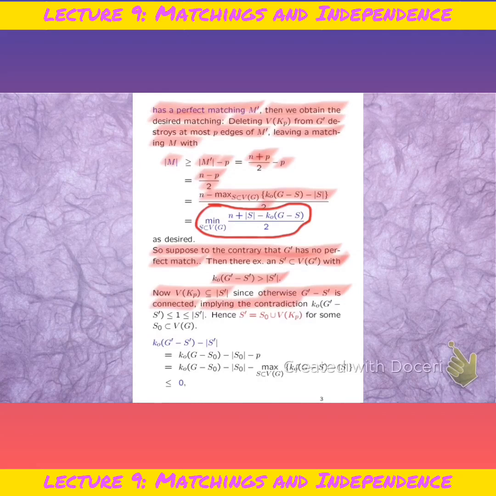Why? Because if you take G prime and delete this set S prime, whatever it is, the graph is connected, so the graph is going to have one component. At the very worst, that one component can be an odd component. So the number of odd components is at most 1, and the set S prime that you're deleting has cardinality at least 1.